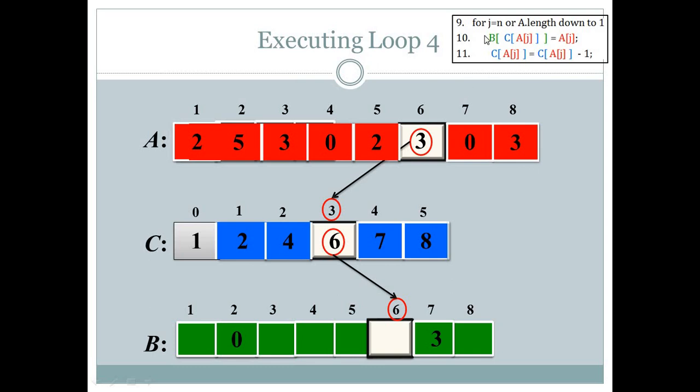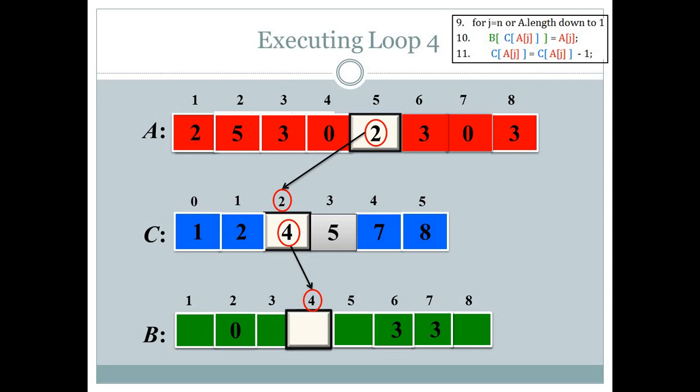Again j minus minus, j will move to 6. So here 3. So at the third index of the C array what is it? 6. So on the 6th index of the B array what will we store? This 3 value, and we will decrease this 6 by 1. So our resultant array is this.